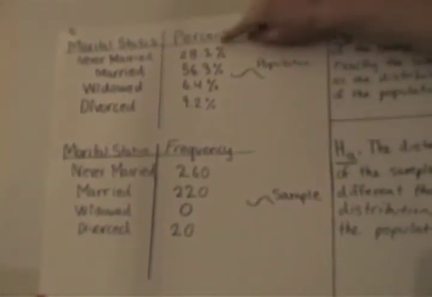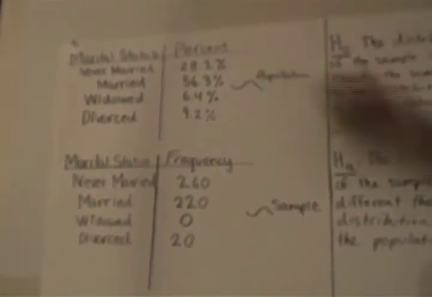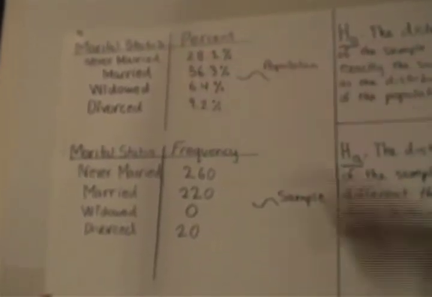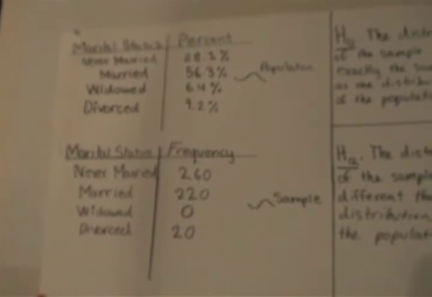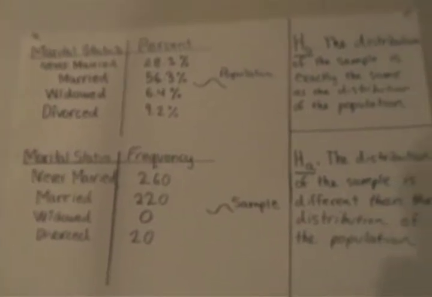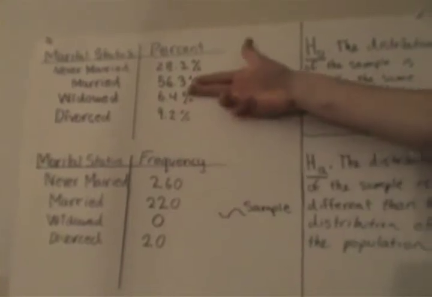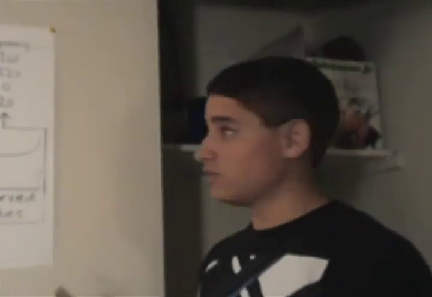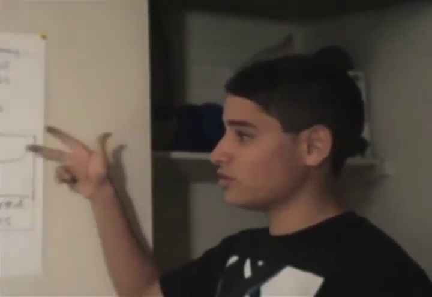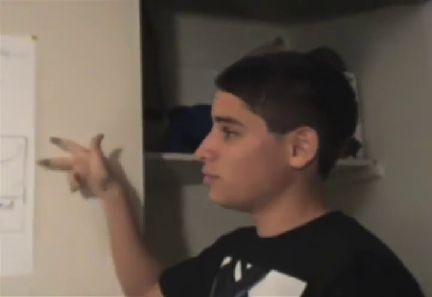Because this is our population, our expected value for 500 for never married would be 28.1% of 500. So basically we're comparing this against the population to see how valid the population is. Again, what we're trying to do is compare the two distributions between the population and the sample.